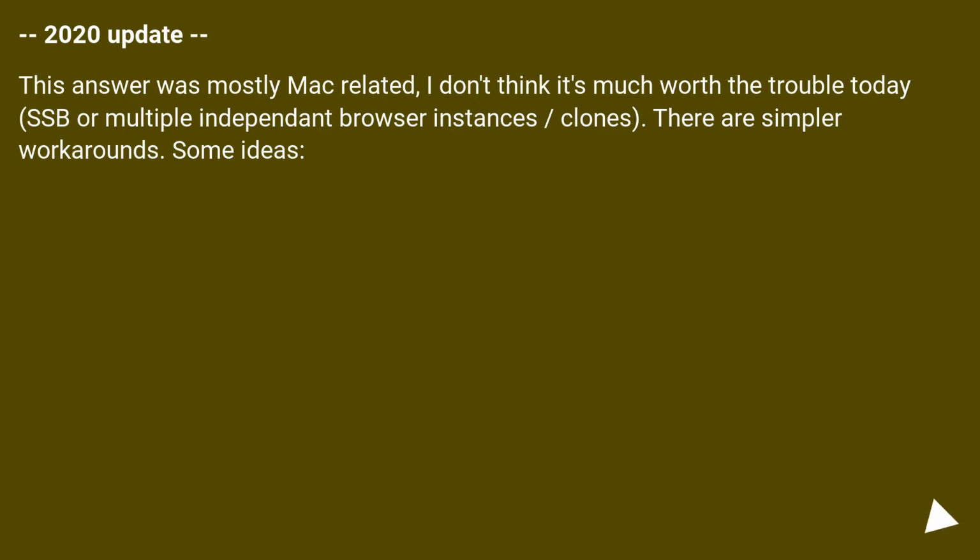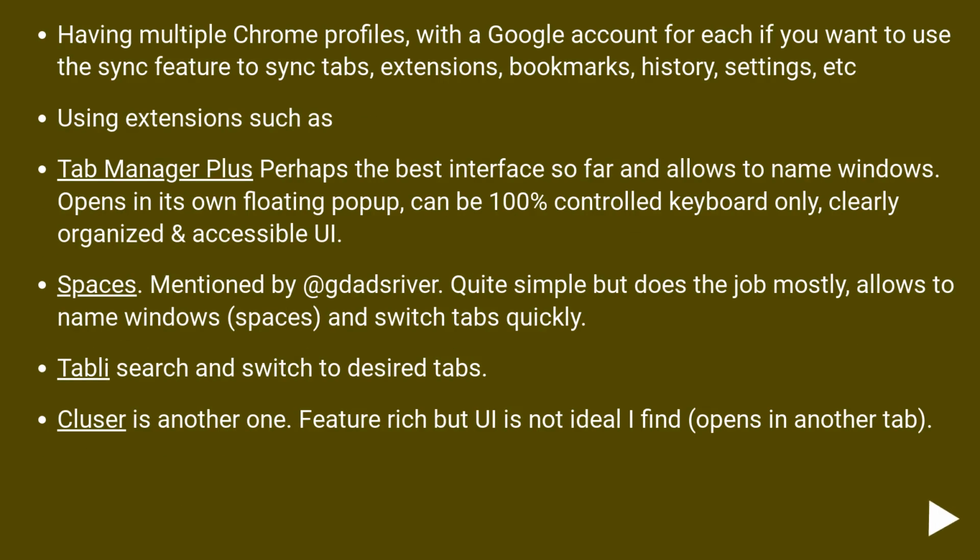Some ideas: having multiple Chrome profiles, with a Google account for each if you want to use the sync feature to sync tabs, extensions, bookmarks, history, settings, etc. Using extensions such as Tab Manager Plus, perhaps the best interface so far, which allows you to name windows. It opens in its own floating pop-up, can be 100% controlled by keyboard only, is clearly organized in tabs, with an accessible UI.